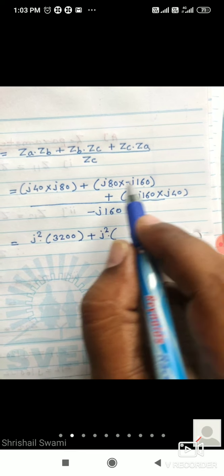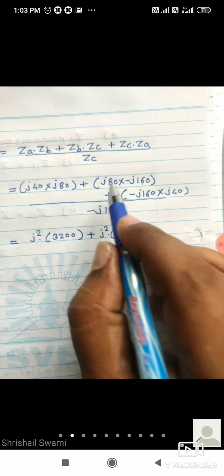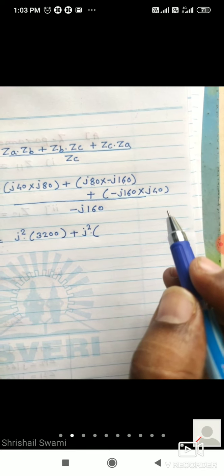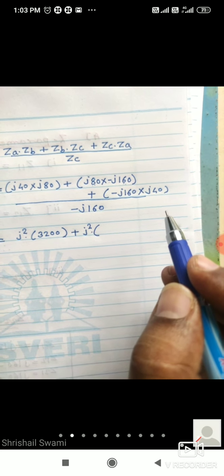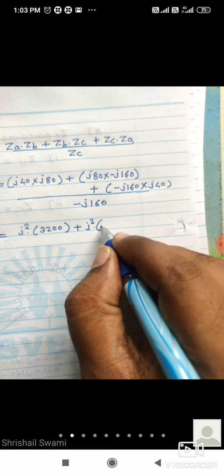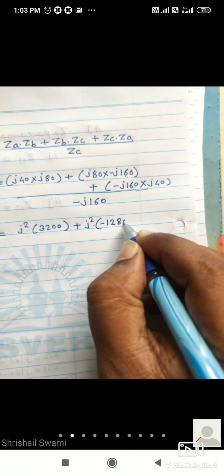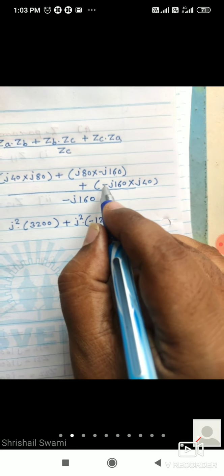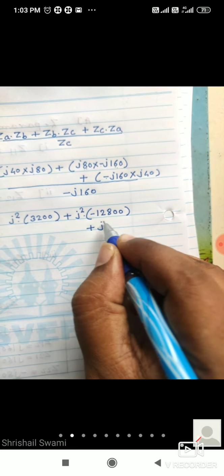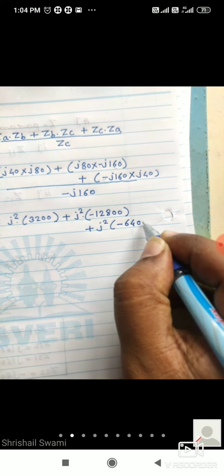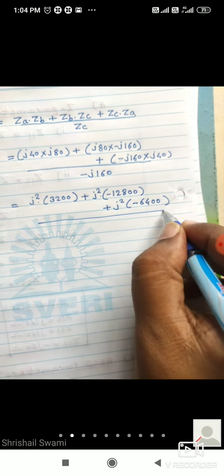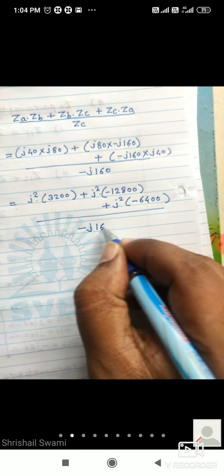So multiply 16 into 8, that is 128, so minus 12800. Next again plus J square. Now it is minus, because minus 160 into 40 is minus 6400, divided by minus J160 as it is.